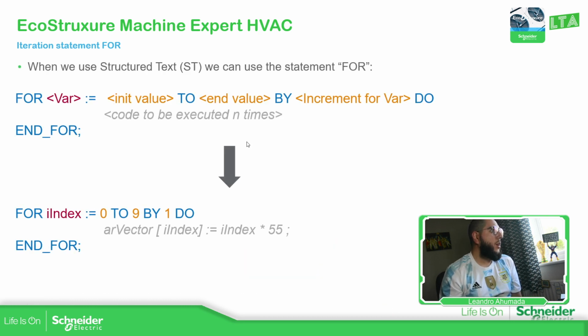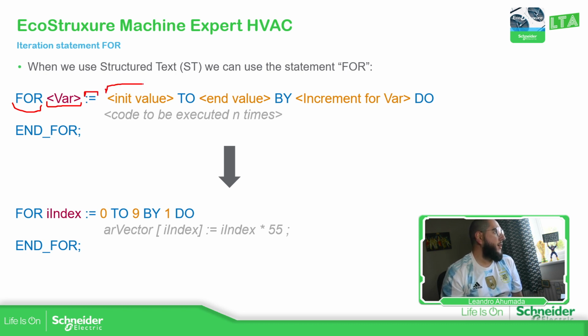It is important for us to understand the syntax and how it works. So we start with the FOR. We need to specify a variable that is going to be incremented. Then we need to assign, this is the assignation as we saw before.